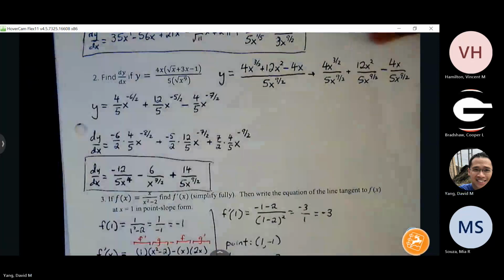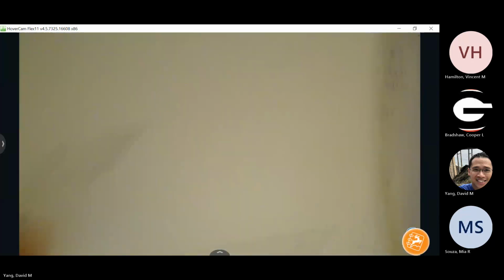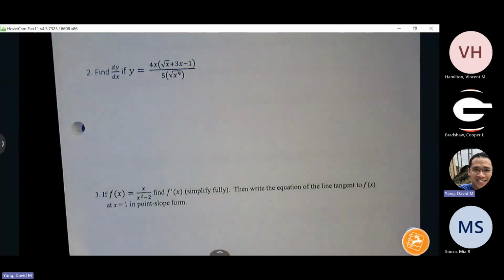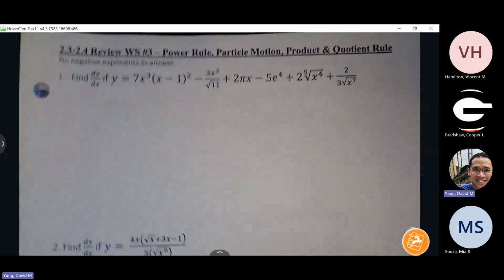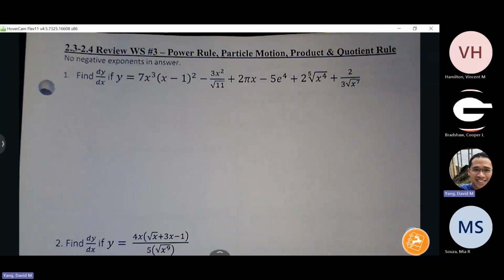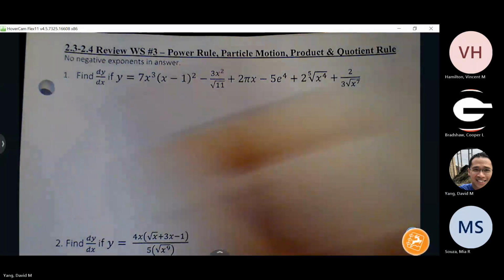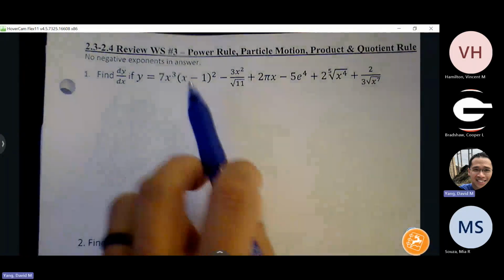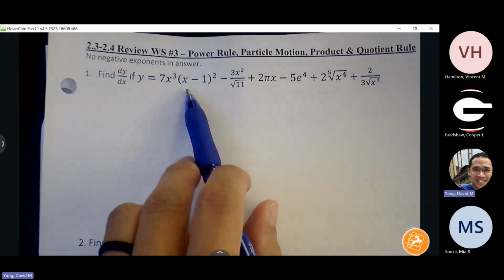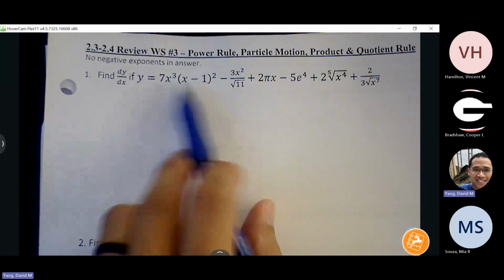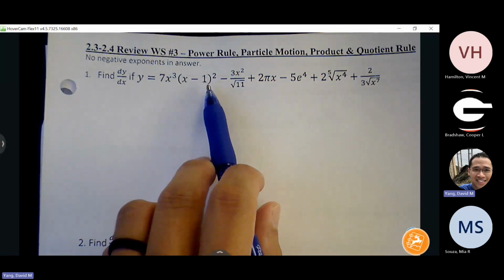Okay, so number 1, it's going to be all power rule that will get us to where we need to go. We just have to expand all the way out. We could do product and chain rule, but it's not worth the effort here.